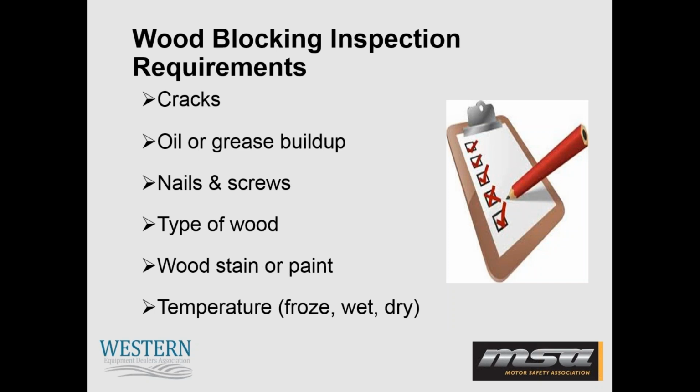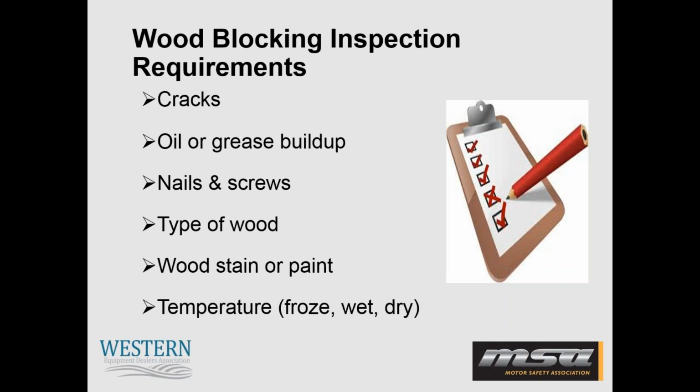I mentioned before some wood blocking inspection requirements. So when you are checking your wood blocking, again, you're just checking for cracks, if there's oil or grease buildup, any nails or screws that are protruding from your blocking. You're checking the type of wood to ensure it is a hardwood.